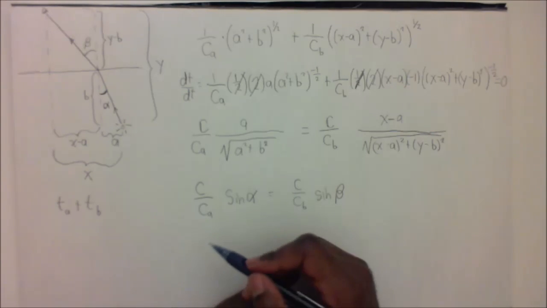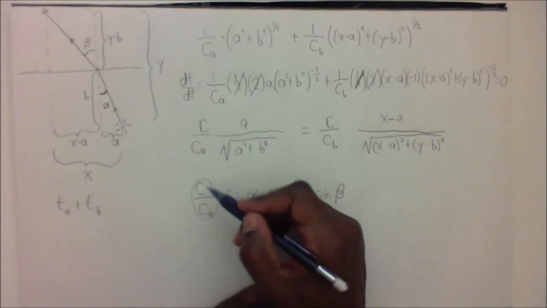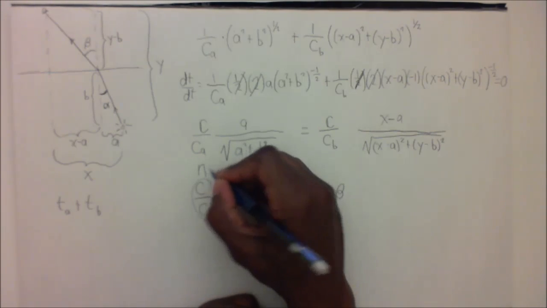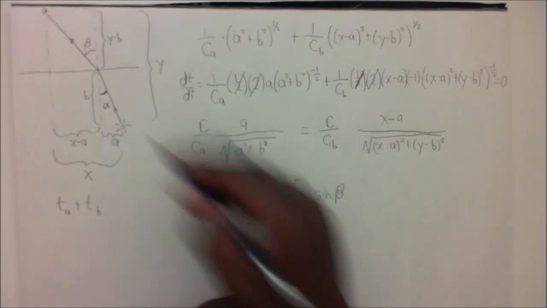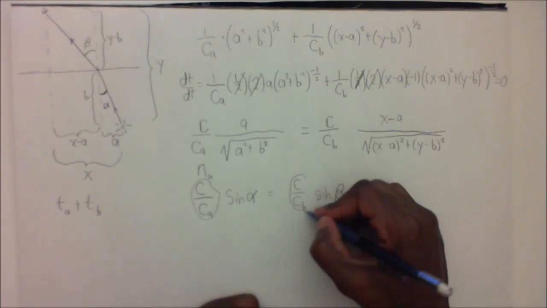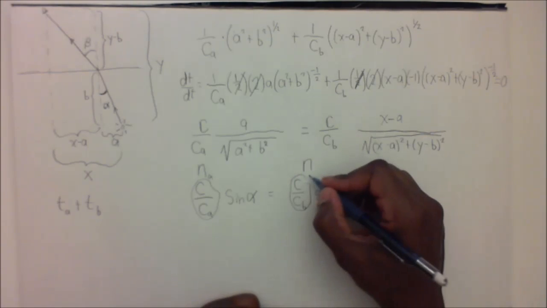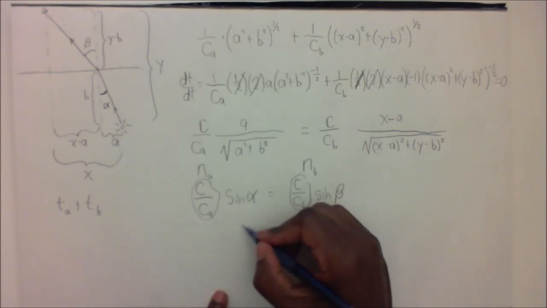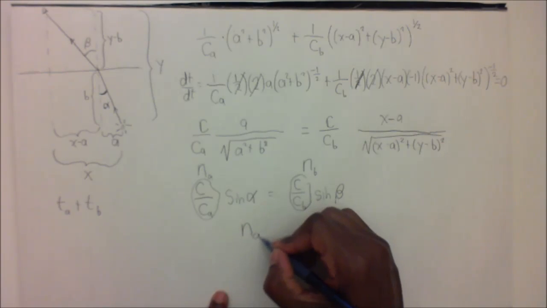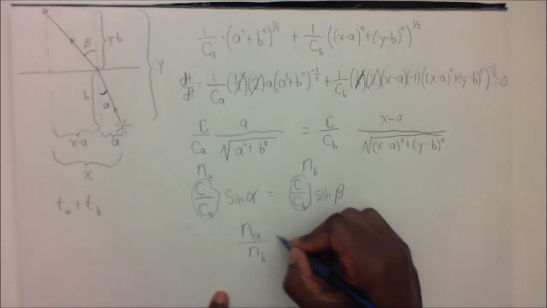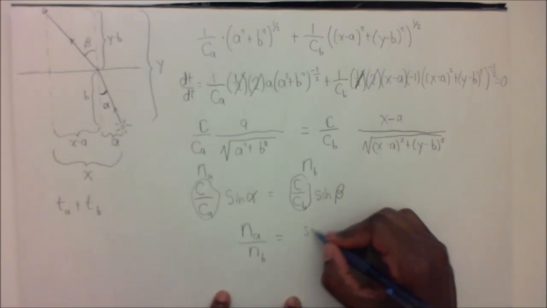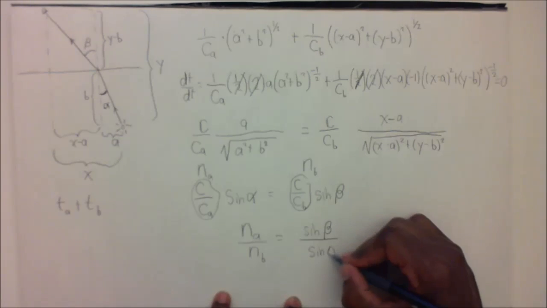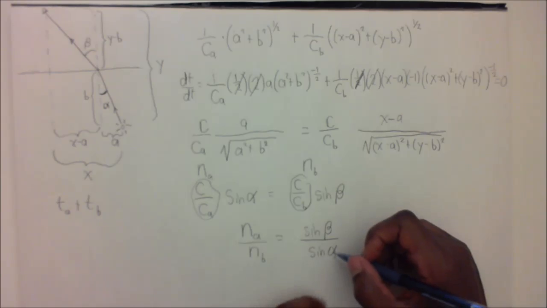And c over c sub a is what's referred to as the index of refraction of medium A, and c over c sub b is the index of refraction of medium B. So now we can say n sub a over n sub b is equal to sine beta over sine alpha.